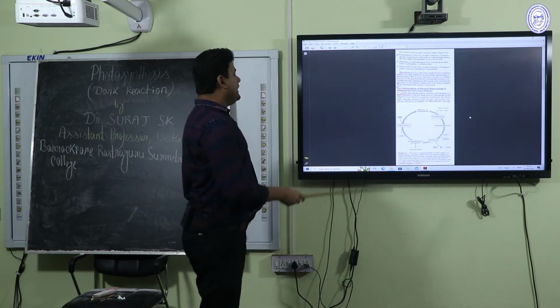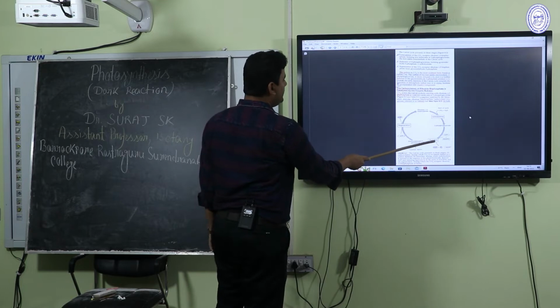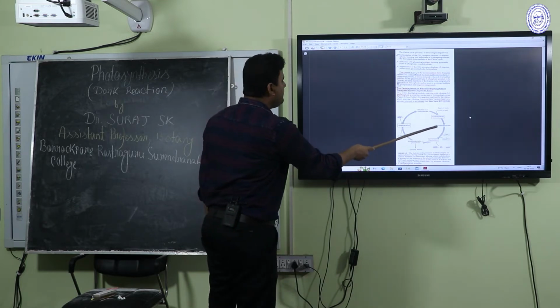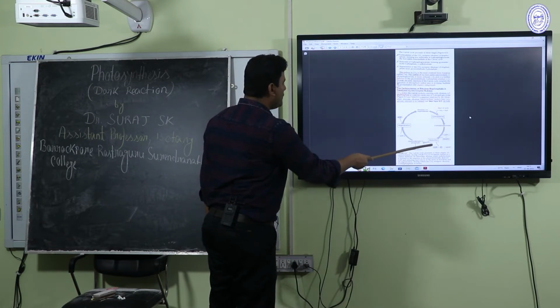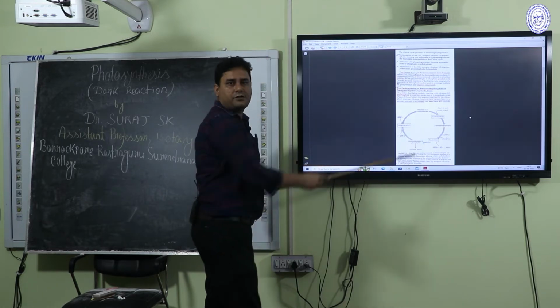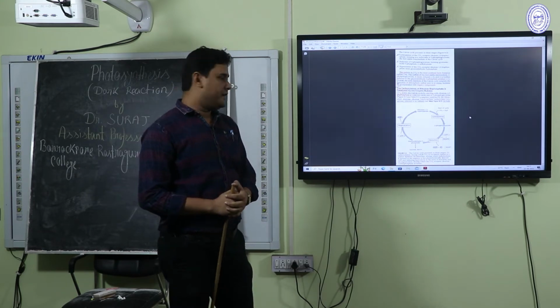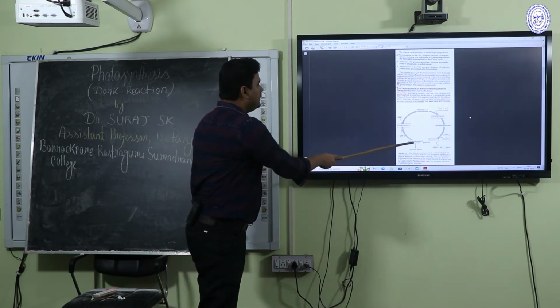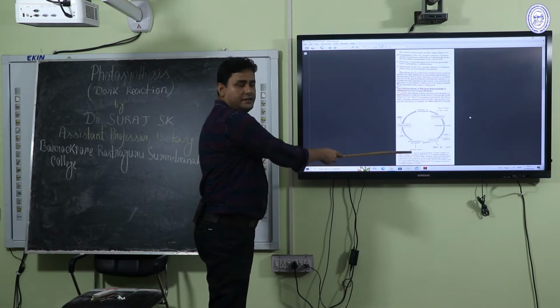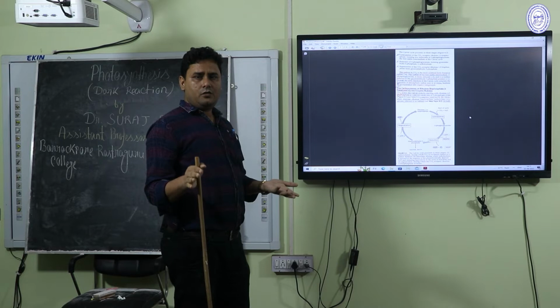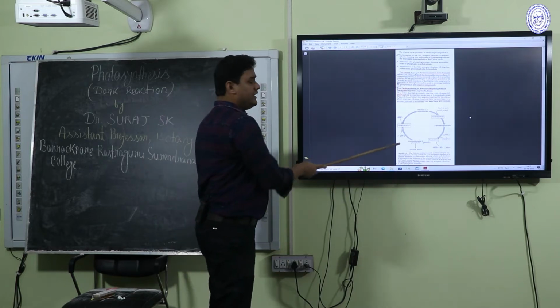Okay. In the next step, which is the reduction step, 3-phosphoglycerate will be converted into glyceraldehyde 3-phosphate. Glyceraldehyde 3-phosphate is a carbohydrate, and I will come later to what happens in detail.